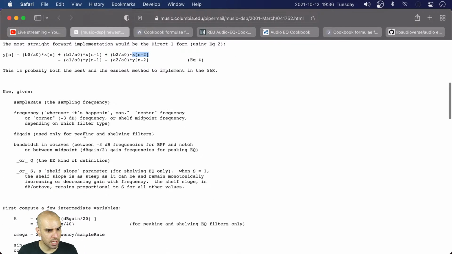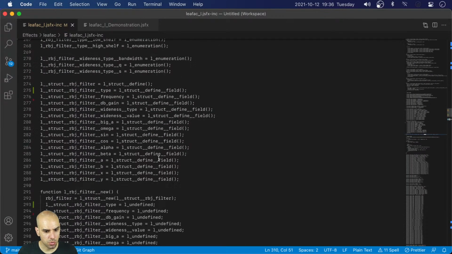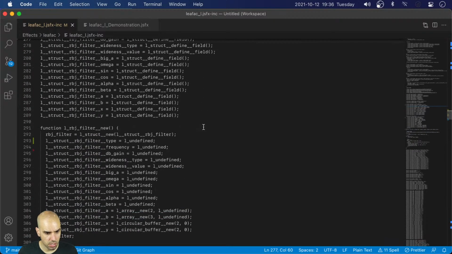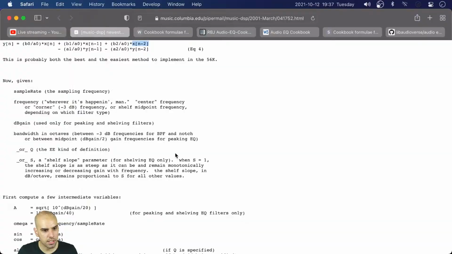Yeah, dB gain is not super important, but bandwidth and Q is super important. So I will order this like type, frequency, wideness, and then dB gain. dB gain is going to be last.